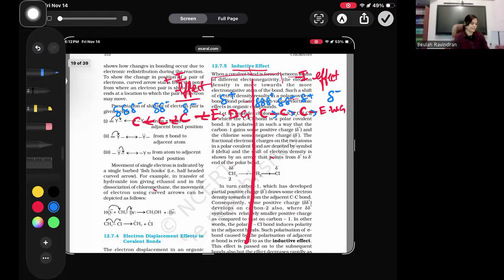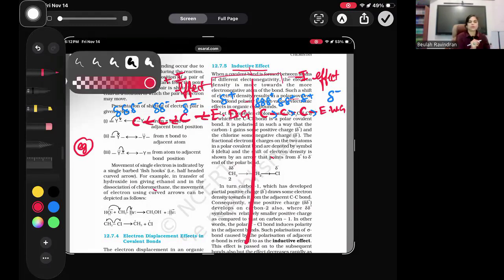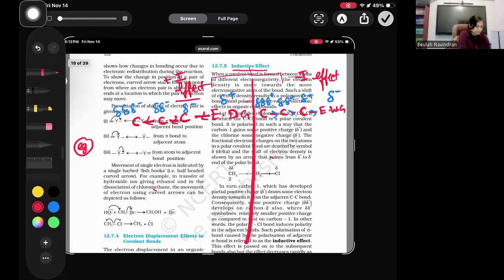I'll give you an example right now. We are going to take the tertiary carbon atom so that it contains three carbon atoms and one withdrawing group: C with CH3, CH3, and here also CH3. It is tertiary.